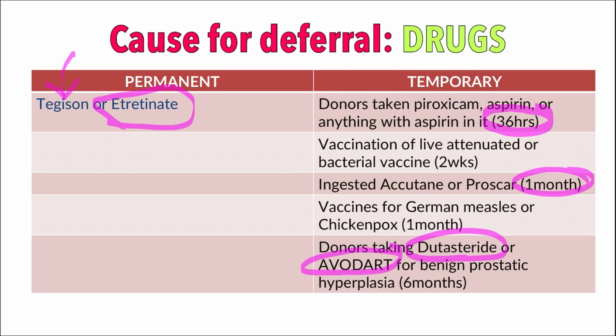When we say teratogenic, like Tegison and Avodart or dutasteride, it can cause congenital disorders in the developing fetus, especially in pregnant women.